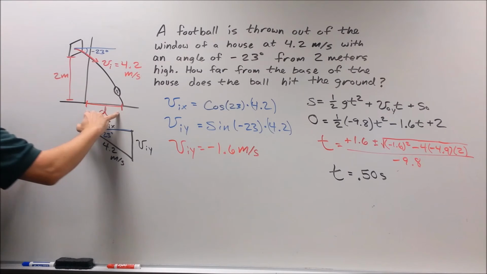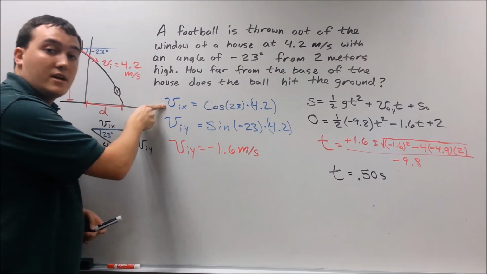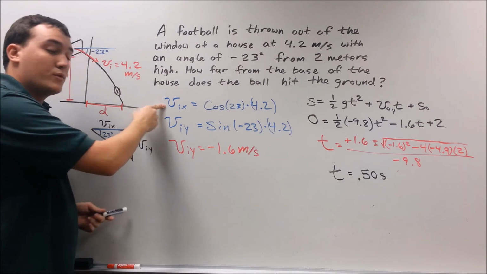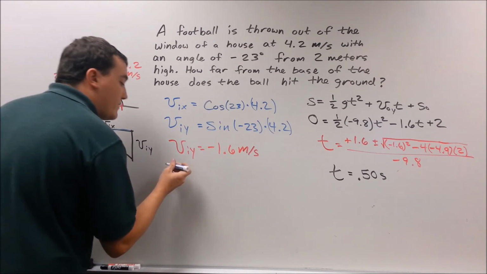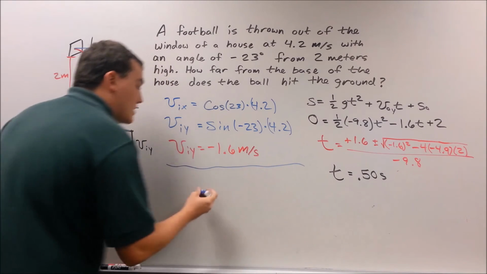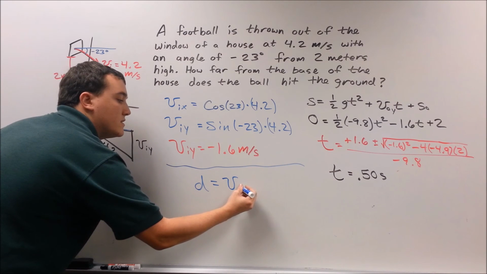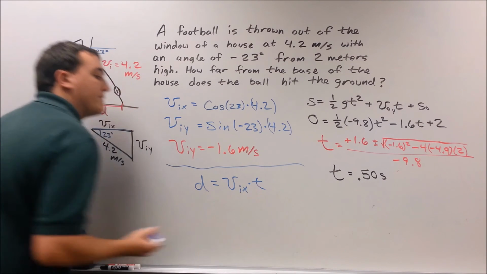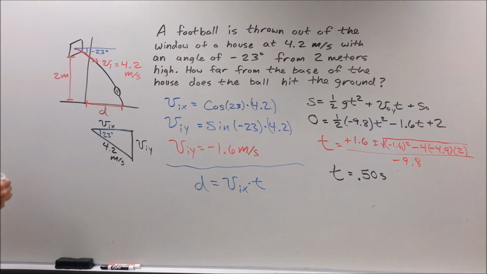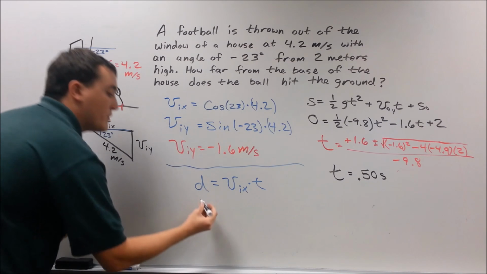So we're finding this distance, and we know velocity in the x direction is not affected by gravity or anything else. So we use distance equals rate times time again. So our final answer, coming from distance equals rate, or velocity initial in the x direction, times time. So we just plug in our numbers.